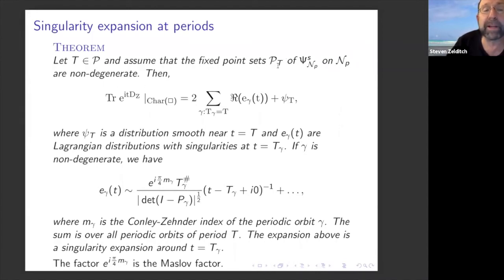So if the fixed point sets are non-degenerate, you have non-degenerate periodic orbits, then the trace, I should not have put this real part in, sorry, should look just like it does in the Duistermaat-Guillemin formula, and here's the leading order term. So, I mean, it looks identical. It's just a matter of figuring out what is T gamma and what's P gamma.